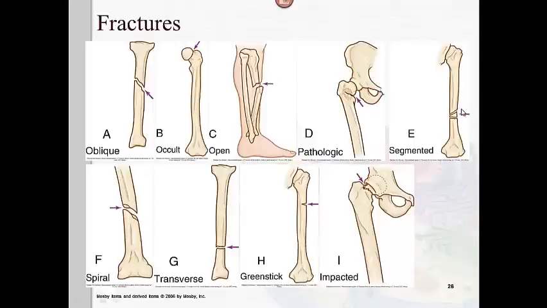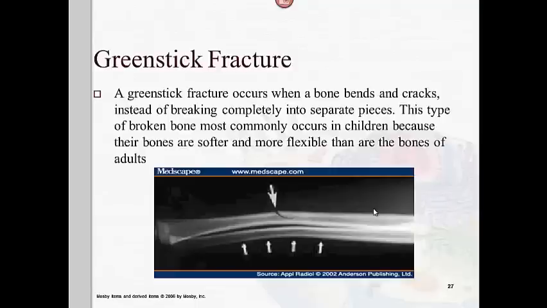You have segmented, you have spiral fracture, transverse, greenstick, and impacted. This is an example of a greenstick fracture, again in the pediatric population. It occurs when a bone bends and cracks, but there's no complete separation of the cortical matrix.